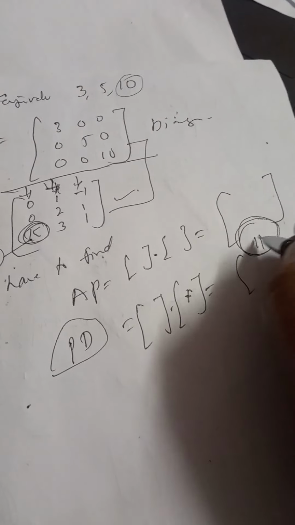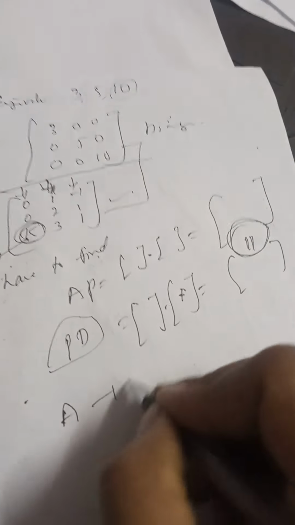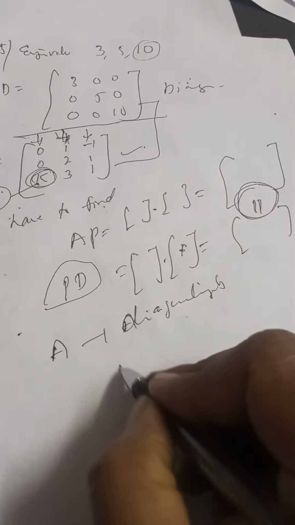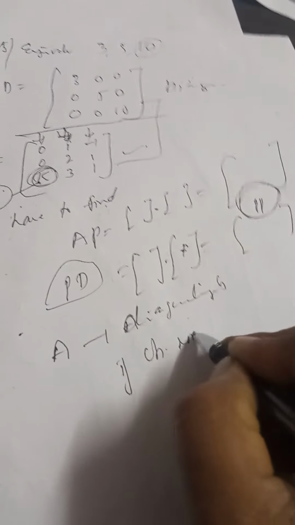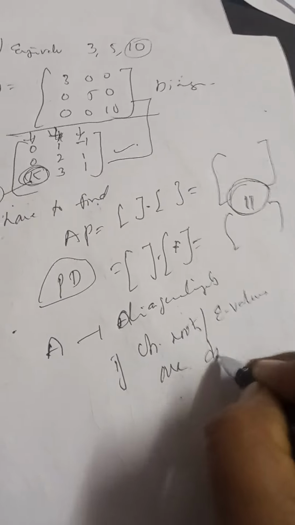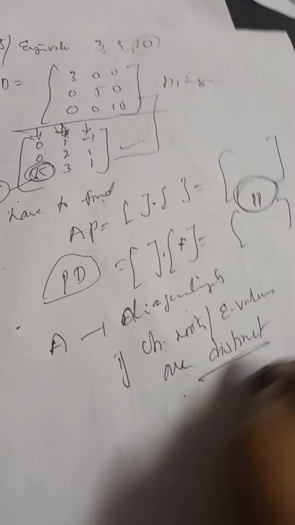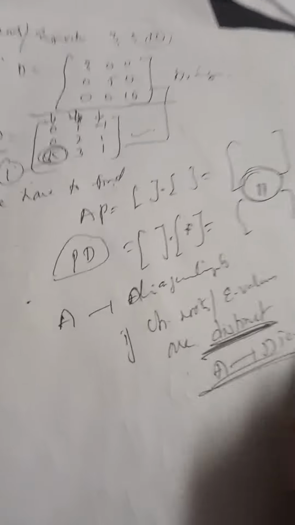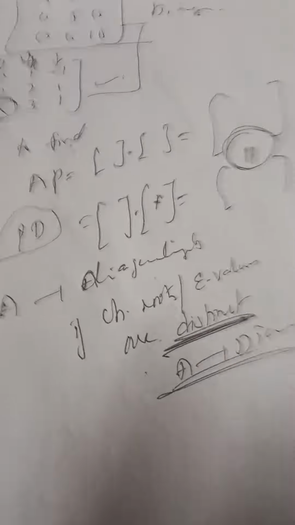Multiply these two. If they are equal, A is diagonalizable, otherwise not. Remember one thing, if the characteristic roots, or you can say eigenvalues, are distinct, then A is always diagonalizable, remember.